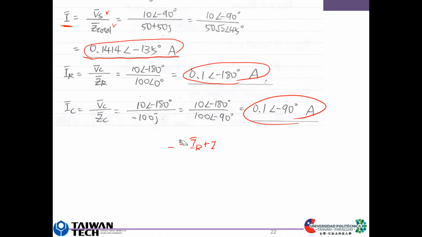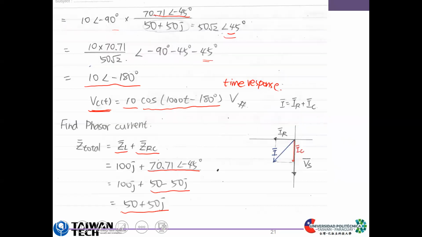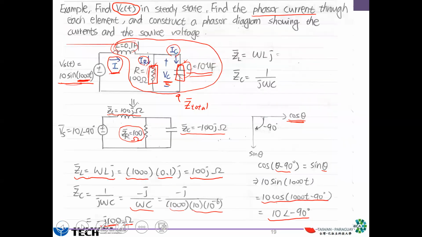I wrote it down on the previous page. So the phasor I equals the phasor IR plus the phasor IC.